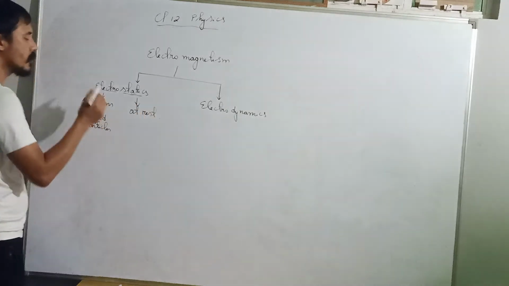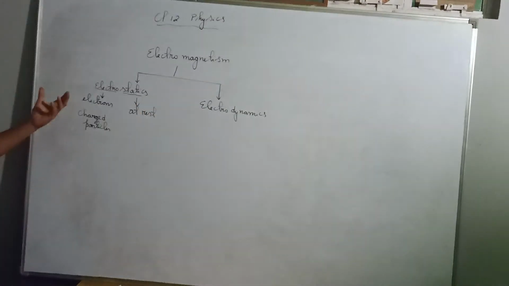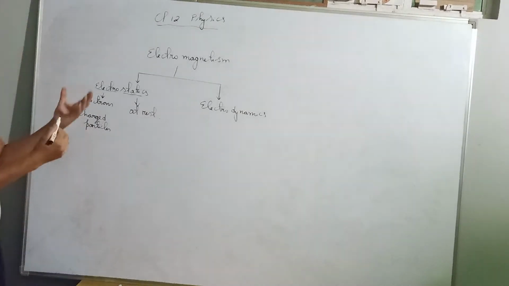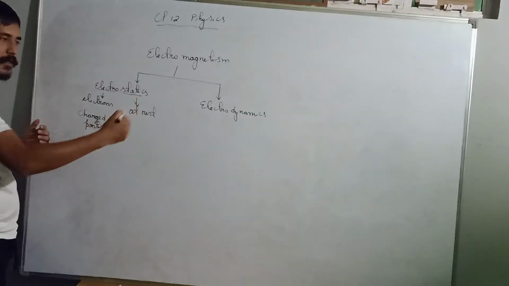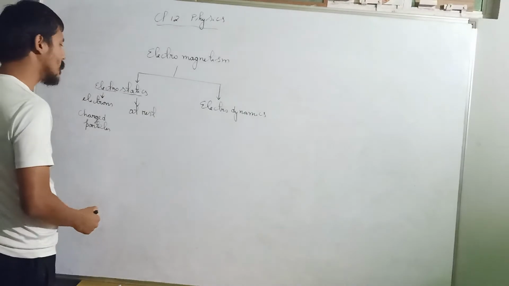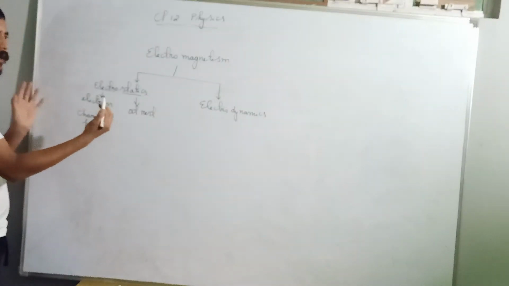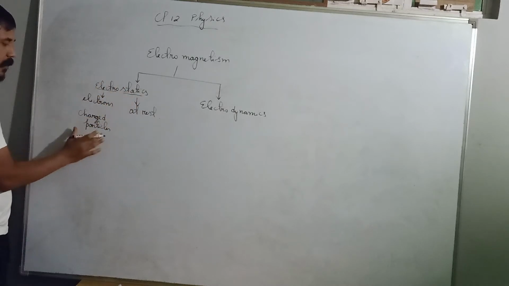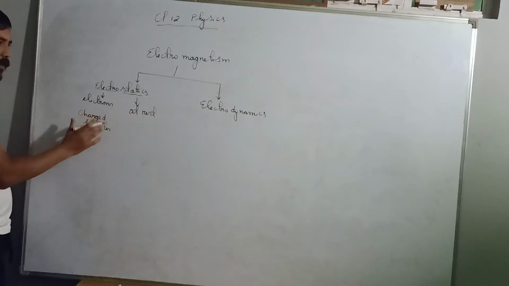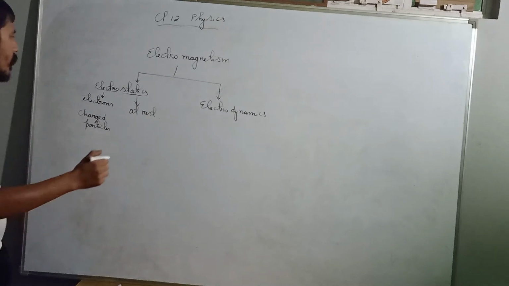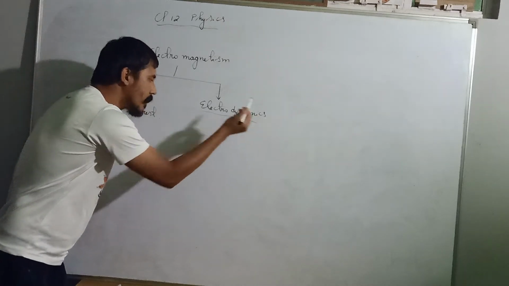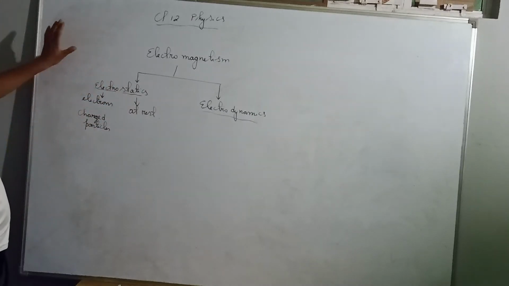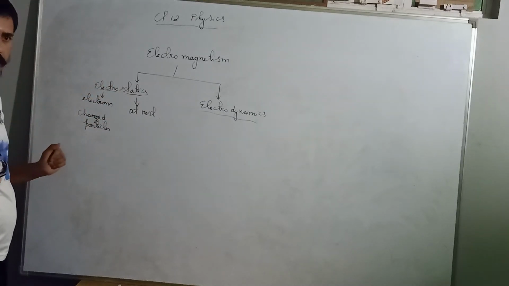So electrostatics means charged particles at rest. The charged particles cannot move or flow from one place to another. They remain confined within the body. So that is electrostatics: electric charges at rest. This electrostatics is going to be the first chapter of our class 12 physics.